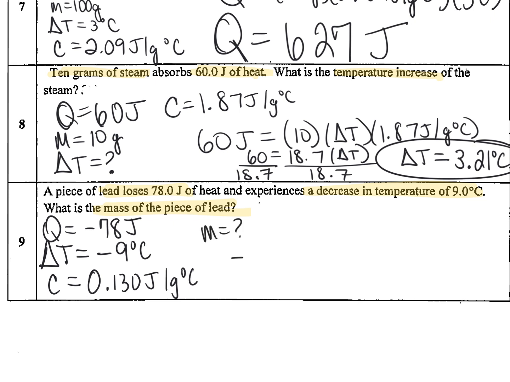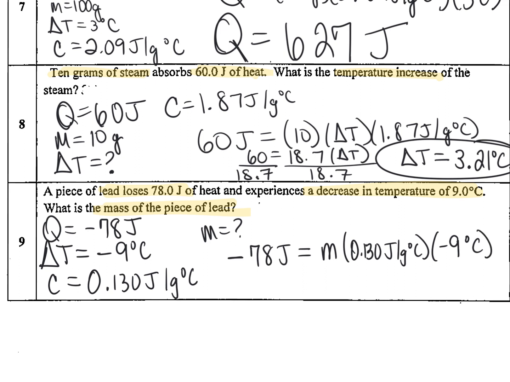So we're going to set it up. Negative 78 joules is equal to the mass, which we don't know, times the specific heat, which we know is 0.130 joules per gram degrees Celsius, times the change in temperature, which is a negative 9 degrees Celsius. So we're going to do 9 times 0.130 first. So we find out that negative 78 joules is equal to 1.17 times the mass.